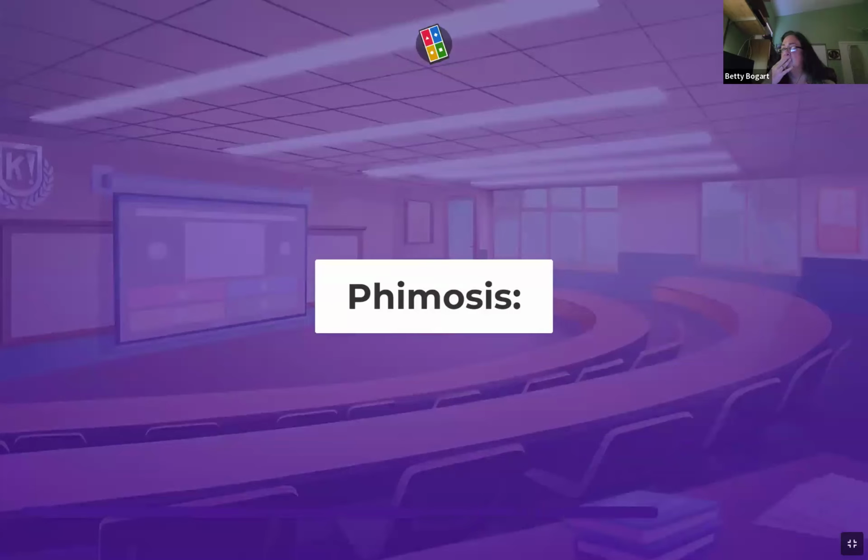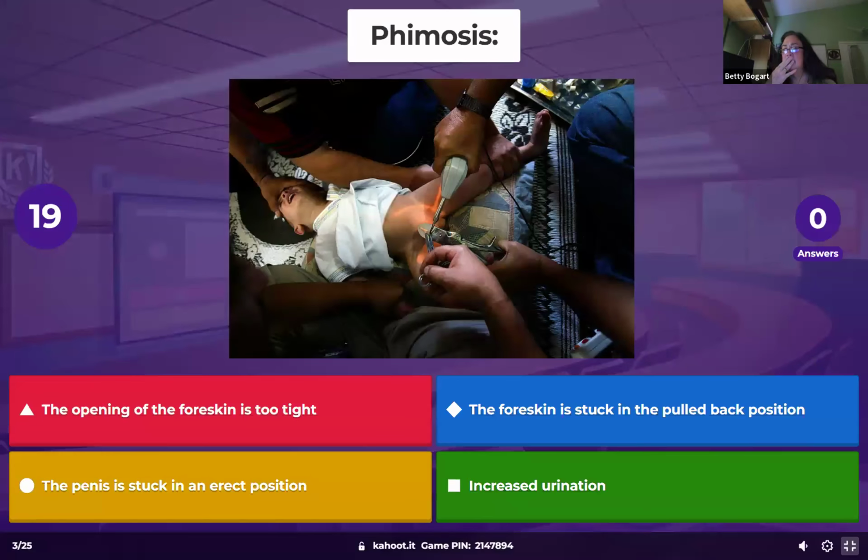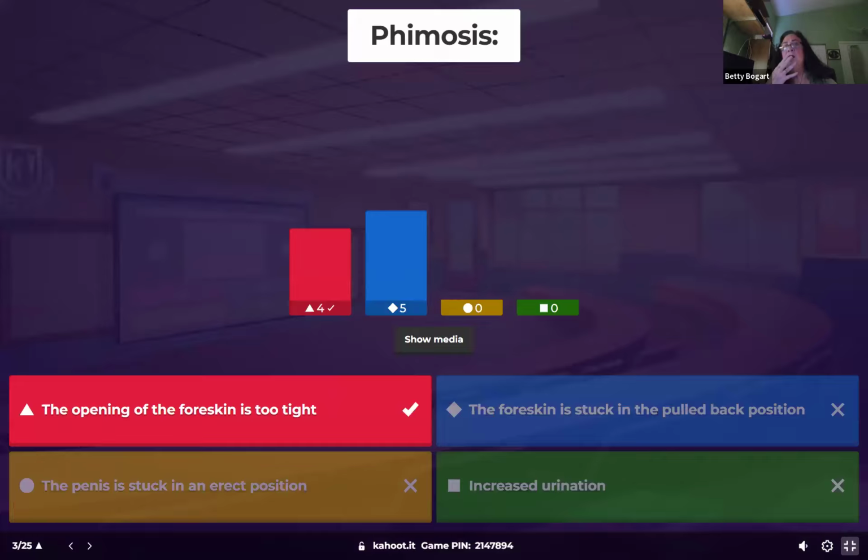Phimosis, what's that? So phimosis is when the foreskin is tight, it is covering the head of the penis, and you can't pull it down.